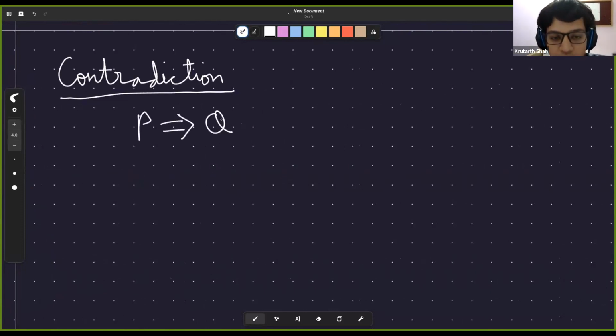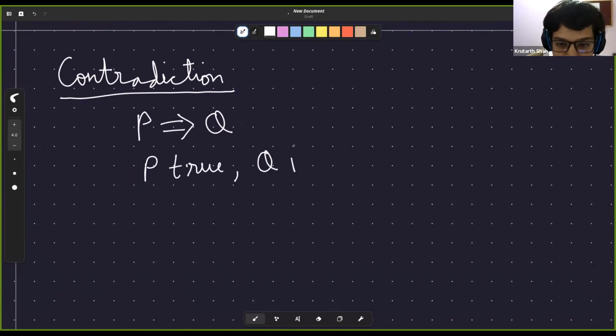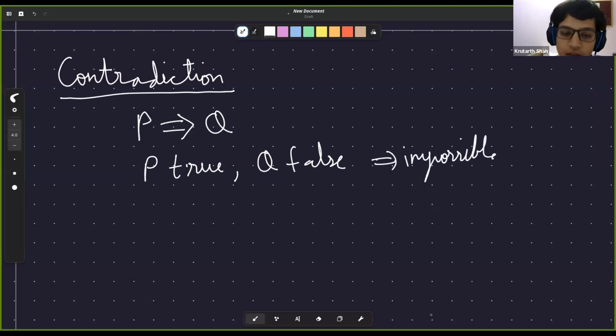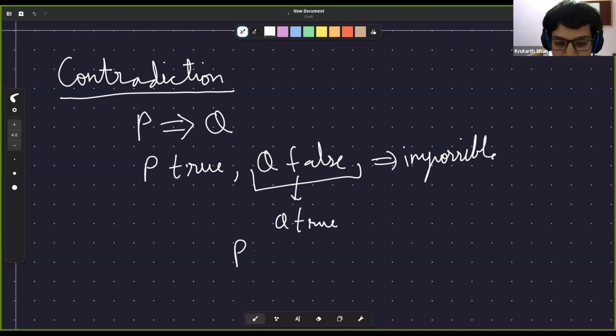So what you do in the method of contradiction is you assume that P is true and Q is false and show that this is impossible. If you manage to show this, then Q could not have been false, so it must have been true, which means that P implies Q is true.